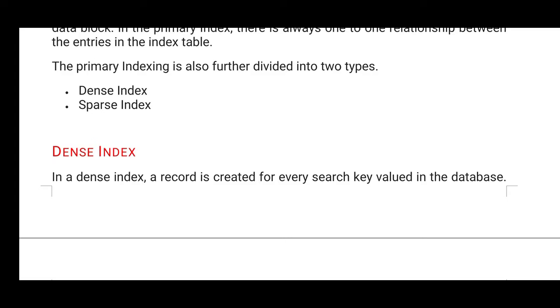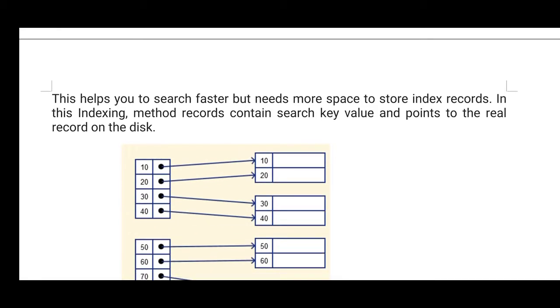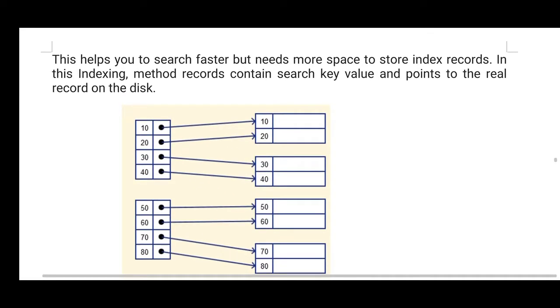In a dense index, a record is created for every search key value in the database. This helps you search faster but needs more space to store index records. In this indexing method, the record contains the search key value and points to the real record on the disk.